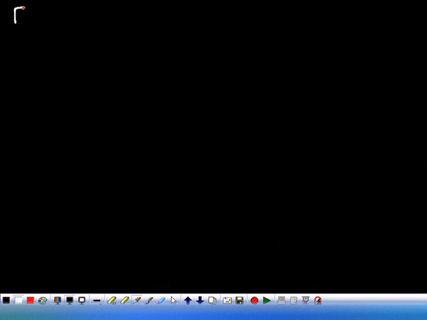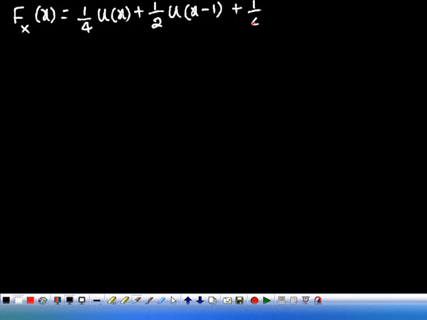Now, can I write this Fx of x as 1 by 4 u of x plus 1 by 2 u of x minus 1 plus 1 by 4 u of x minus 2? See, what is 1 by 4 in this problem? f of x1. Can I write this as u of x minus 0, plus, what is 1 by 2 here? f of x2.